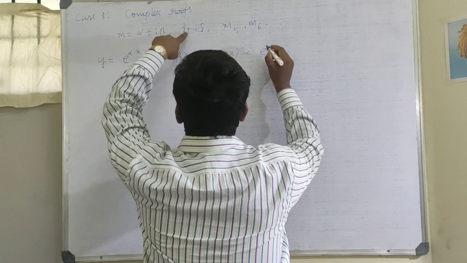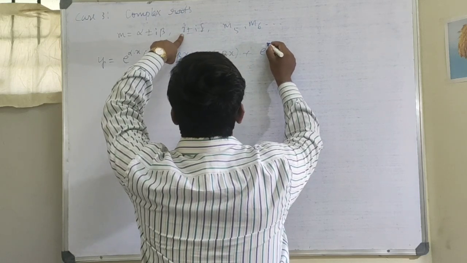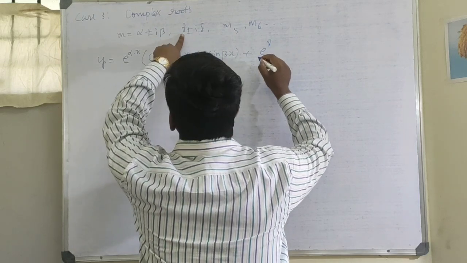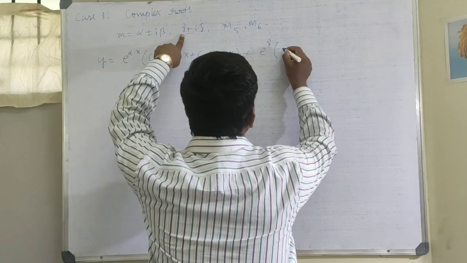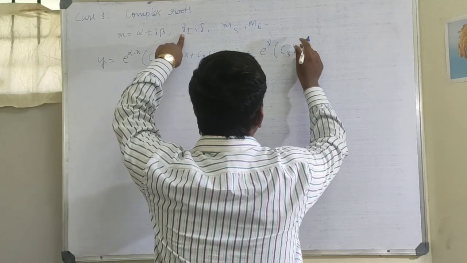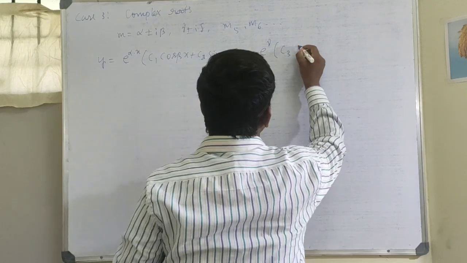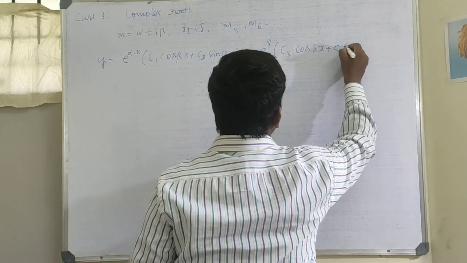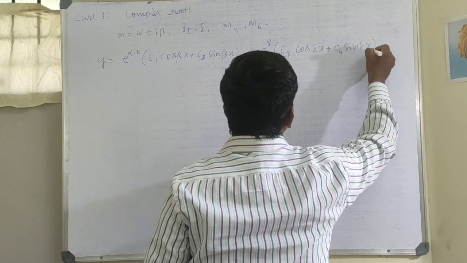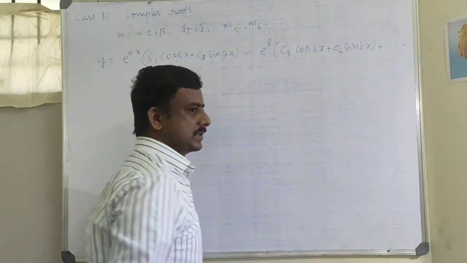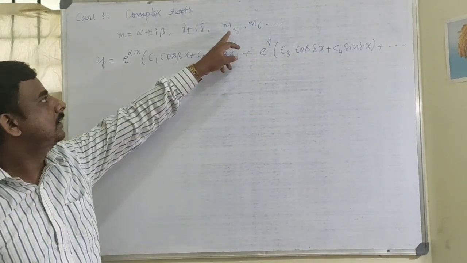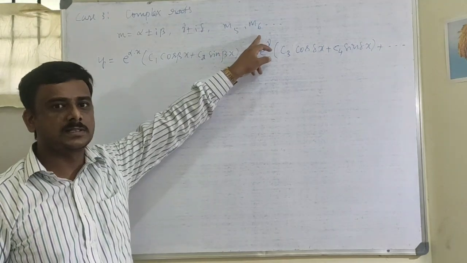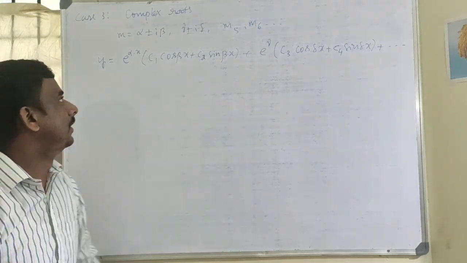So e power real part gamma times c3 cos delta x plus c4 sin delta x plus real roots case c5 e power m5x plus c6 e power m6x and so on.